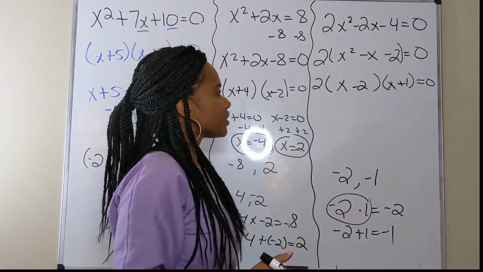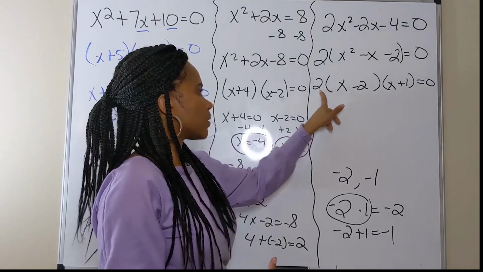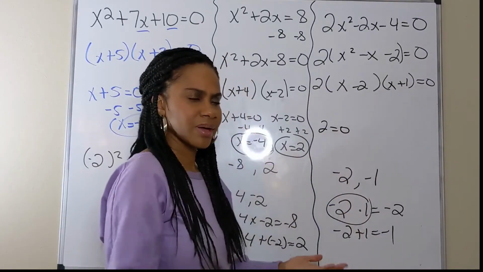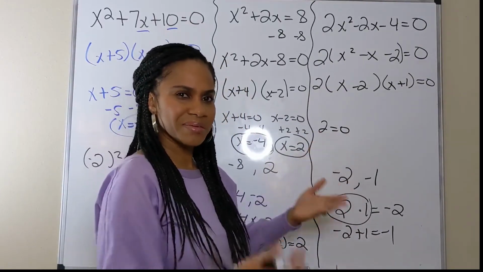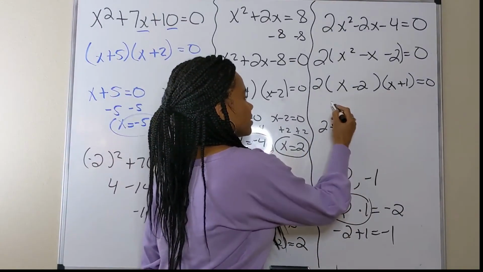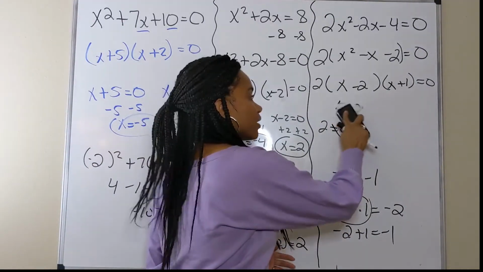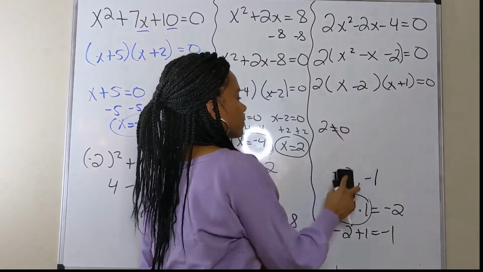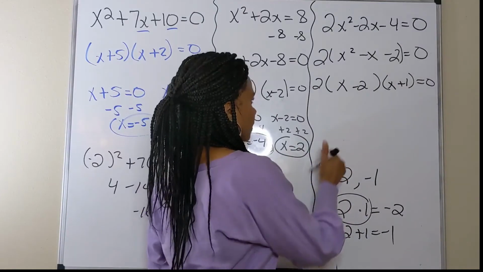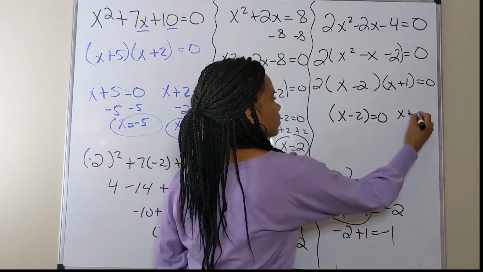All right. So now I want to set my binomials equal to 0. Well, what do I do with this 2 here? I could just throw it away, because if I set 2 equal to 0, that doesn't make any sense. That does not work. So I don't need it. But I could set the binomials I have equal to 0. I want to set each one equal to 0.